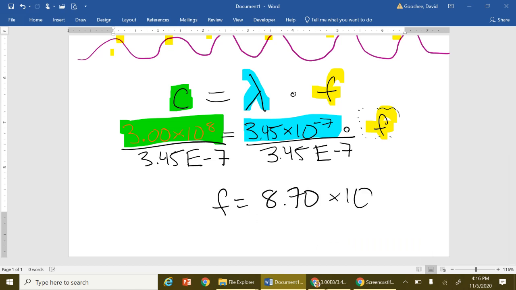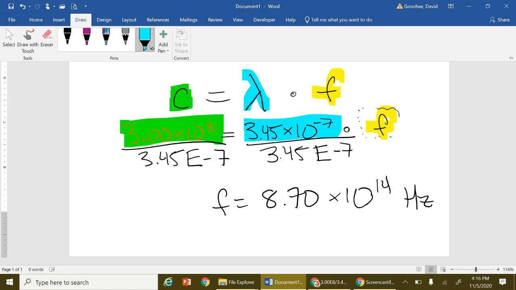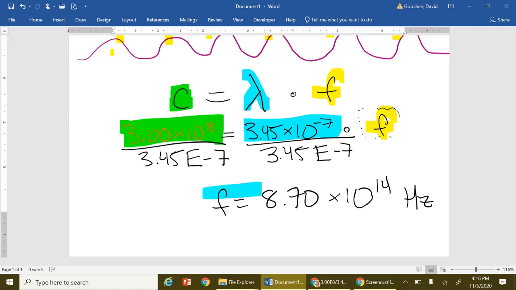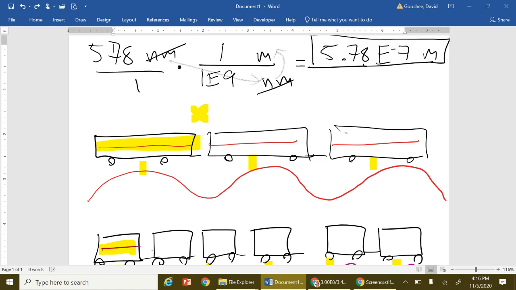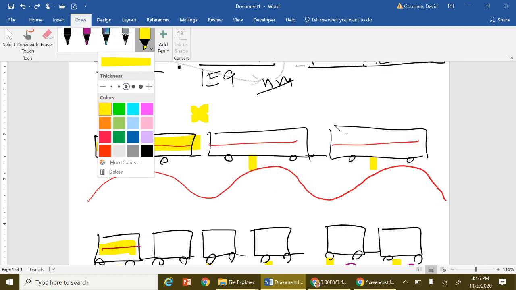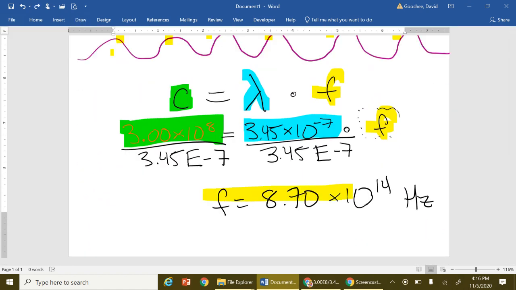8.70 times 10 to the 14th hertz. Okay, so that is the frequency. So what this is saying is that if you have light with a wavelength of 3.45 times 10 to the negative 7th meters, by the way, that's 345 nanometers, that's ultraviolet light, then you are going to be hit by 8.70 times 10 to the 14 waves per second.